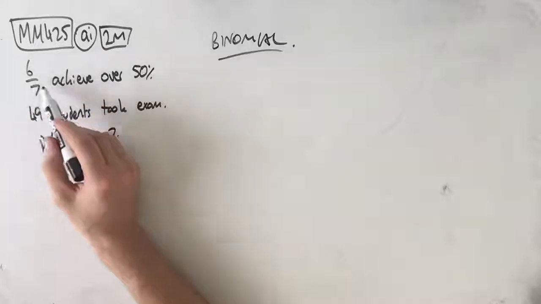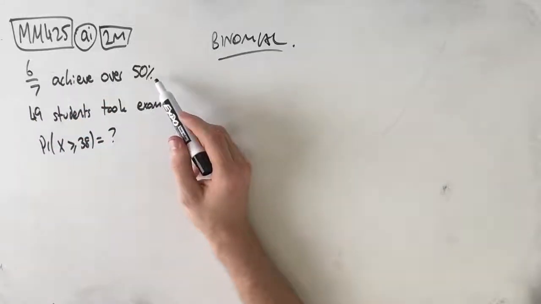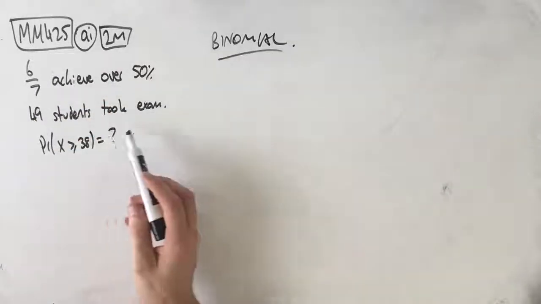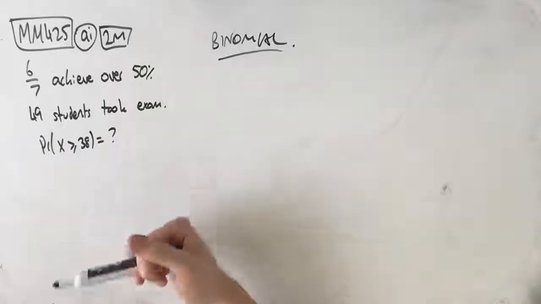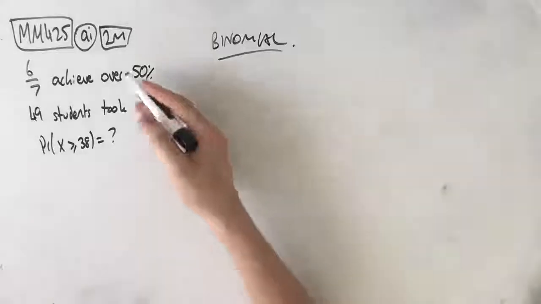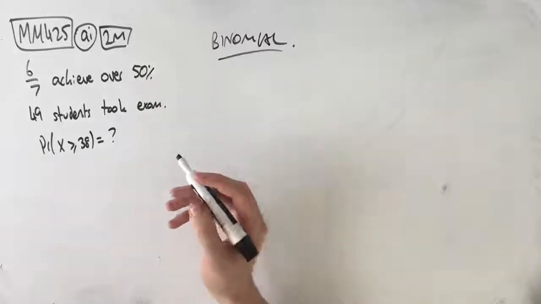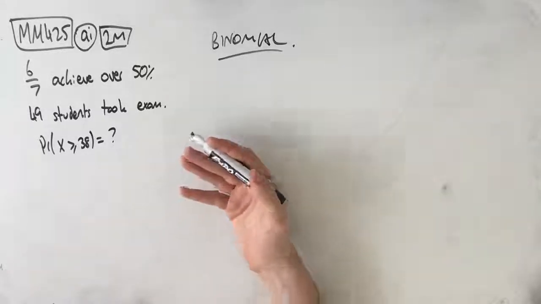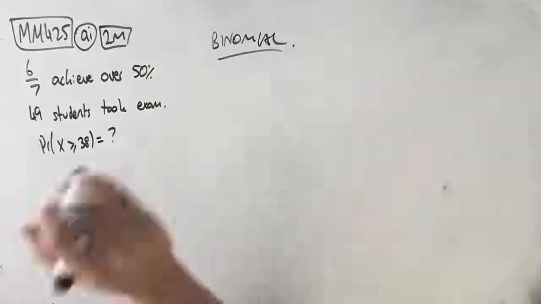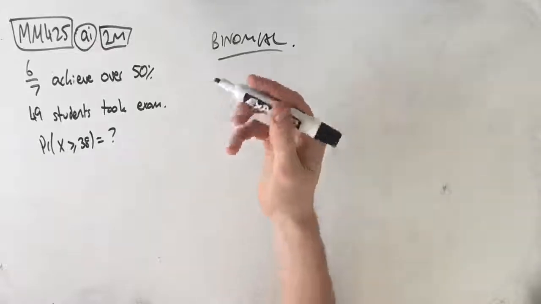So each student has a 6 in 7 chance to achieve over that 50%. We've got a certain number of students that we're dealing with, which is 49. So we've got a certain number of trials or attempts. And every attempt is independent. So the fact that any student gets above 50% is independent of whether other students do as well. Okay, so that all tells us that this is going to be binomial.